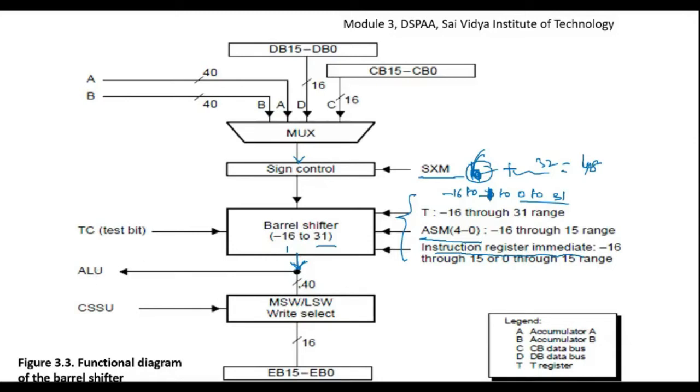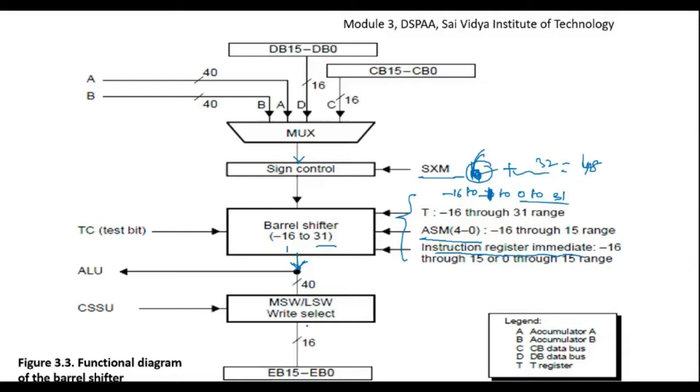And again, see here, after barrel shifting the data, if I just want to send that particular data to the memory, I just want to write to the memory, means we use here most significant word or least significant word write select operation, because here 40 bit is there, but I can transfer 16 bit at a time. Then what we do here is the same bus is used to transfer complete data by two times.